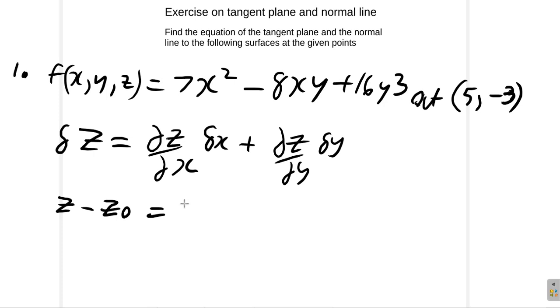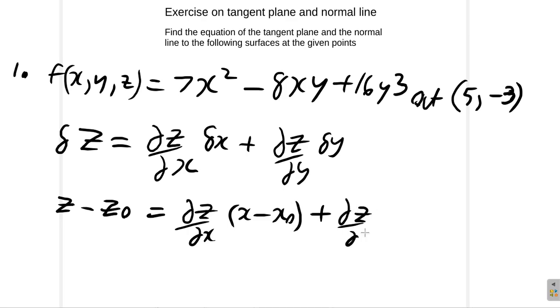This is equal to the partial of z with respect to x times x minus x naught. The change is from x to x naught. X naught is specified but not x, alright? Plus the partial derivative of z with respect to y times y minus y naught. Alright?